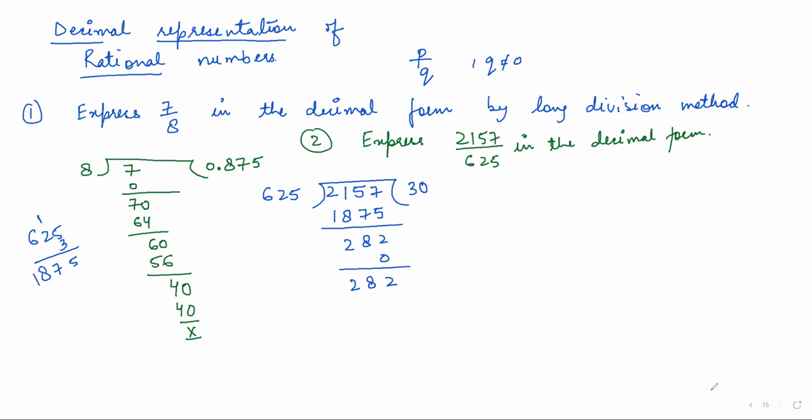Okay, let me start again. I'm dividing 2157 by 625, right? Now, if I take the first three terms, obviously this is only 200 something, so it is smaller. So I have to take all four terms together in the first step.